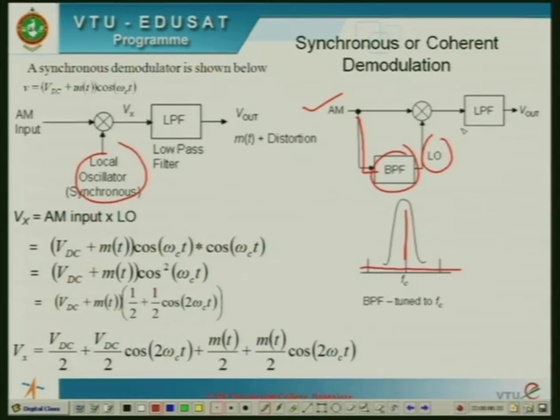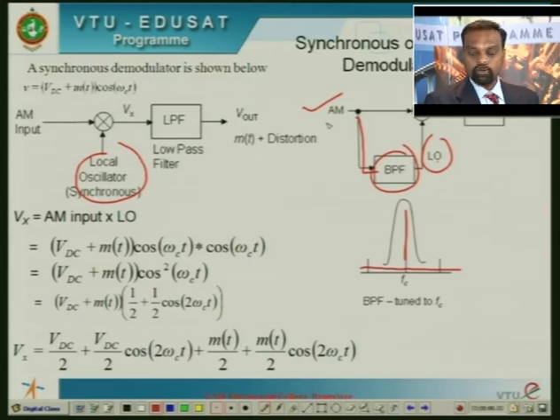This cos of omega ct extracted from the band pass filter is now used as the local oscillator signal, and we multiply it with the AM signal, so that even if there is any deviation in the AM signal, the same deviations also occur in this local oscillator signal, and then you will be exactly able to reproduce your m of t from the input signal.